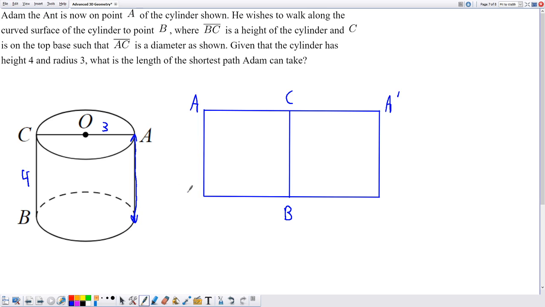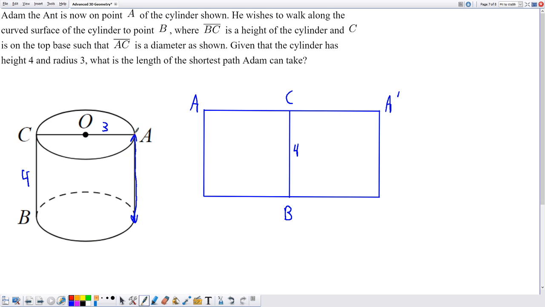Now we know that the height is 4, so this length here is 4. And now AC, this is not the same AC that we have in the diagram, because we're unraveling the cylinder.